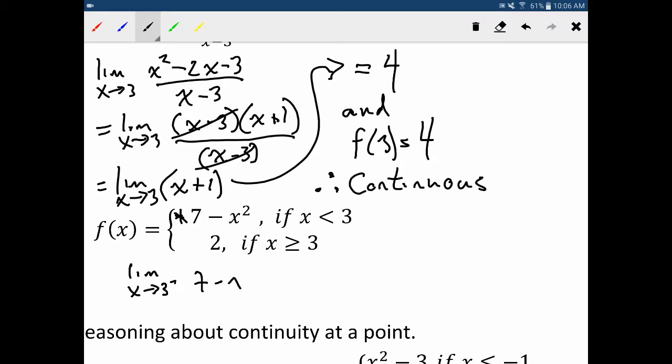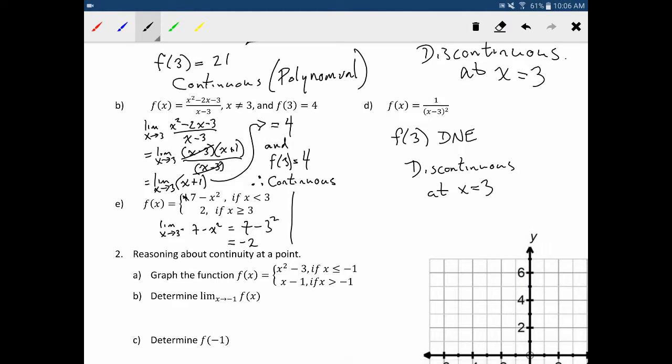7 minus x squared. There's nothing to prevent us from using direct substitution, so we get 7 minus 3 squared, which is going to give us negative 2. So the left-sided limit is negative 2. For the right side, the limit as x approaches 3 from the right, the function is just 2, so the answer equals 2.